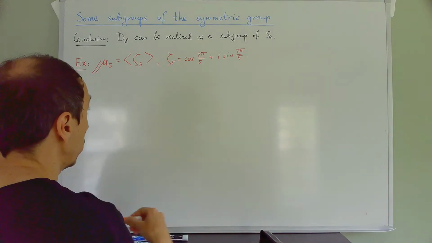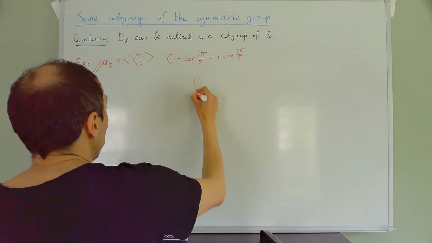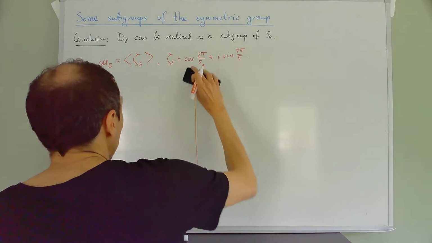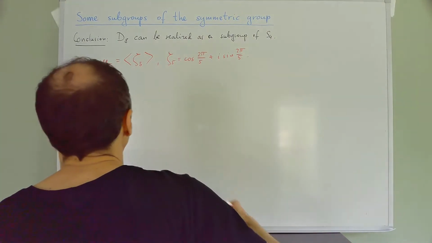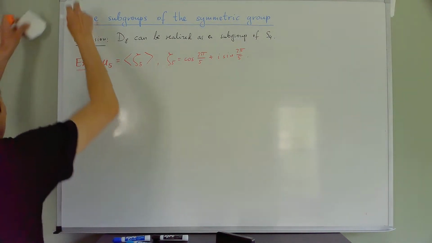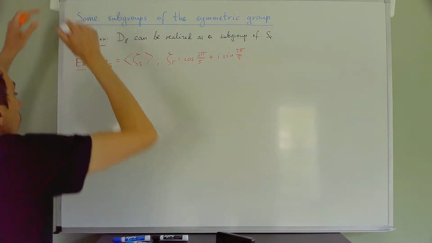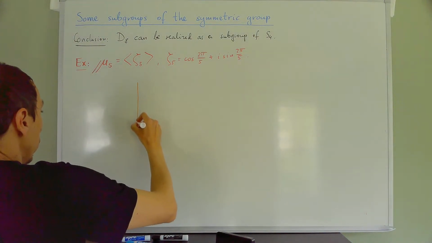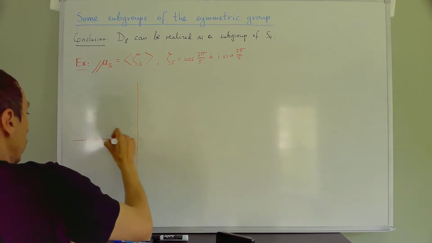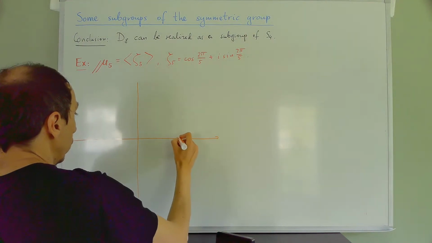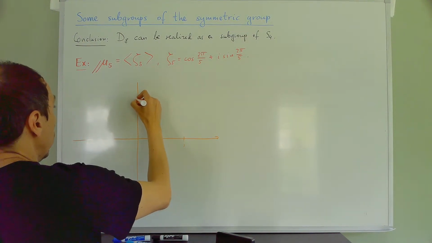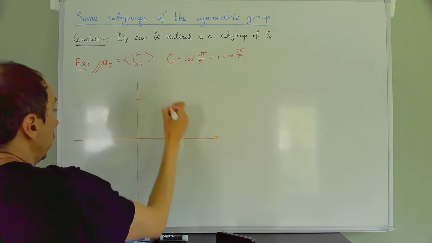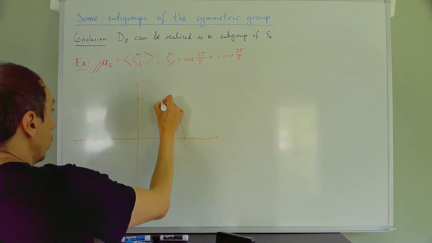So let's draw this regular pentagon. So 1, i, in a circle.